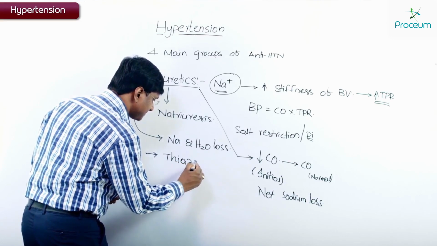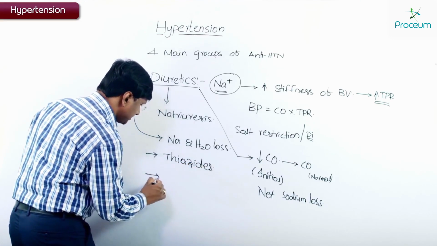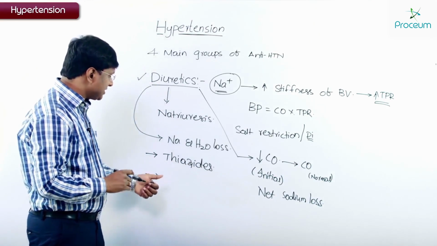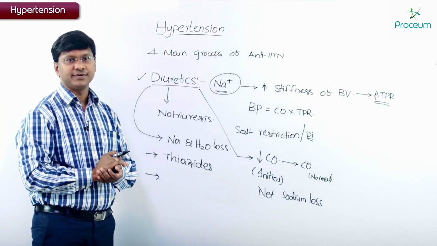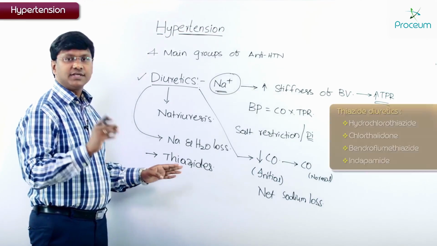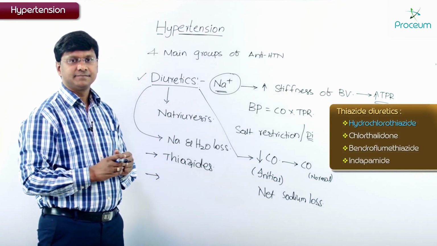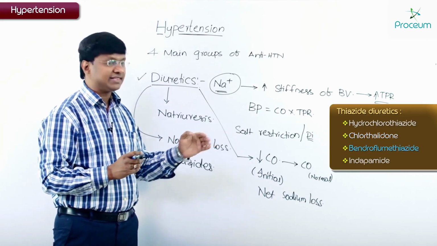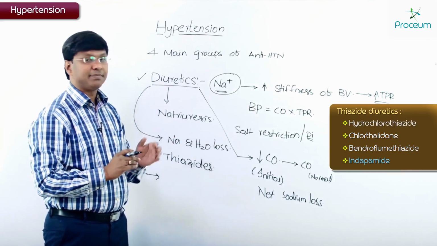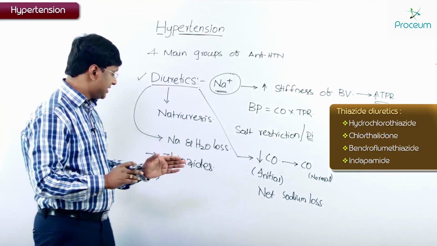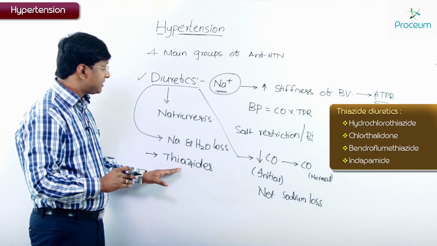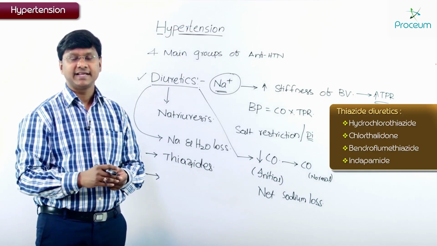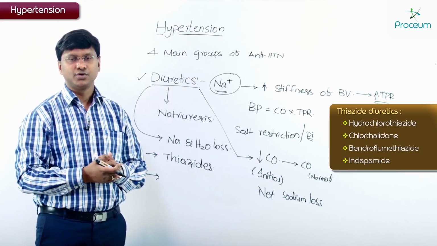The thiazide group includes hydrochlorothiazide, chlorthalidone, bendroflumethiazide, and indapamide. Thiazides are considered the first line antihypertensives among the diuretic group.